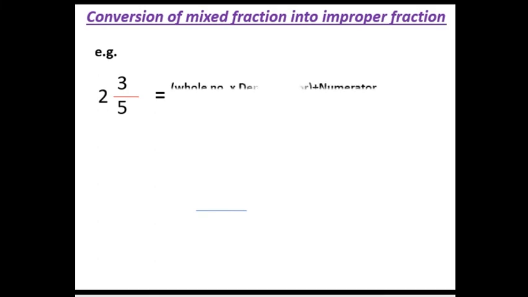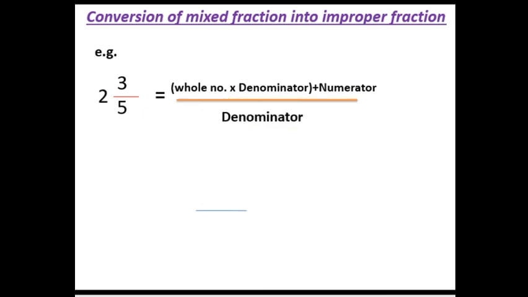The formula is: whole number multiplied by denominator plus numerator, all divided by the denominator. So we take 2 as the whole number, multiplied by denominator 5, plus numerator 3, divided by denominator 5.